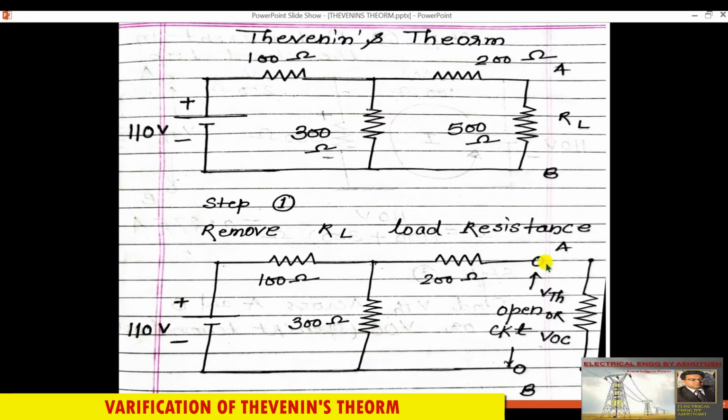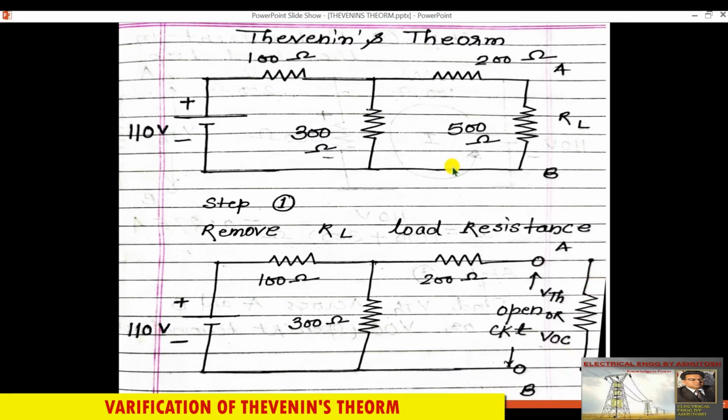So first step, what you are doing, first step you have to temporarily remove the load resistance from this given circuit. Okay, so in the second circuit drawn over here you can see RL is removed.